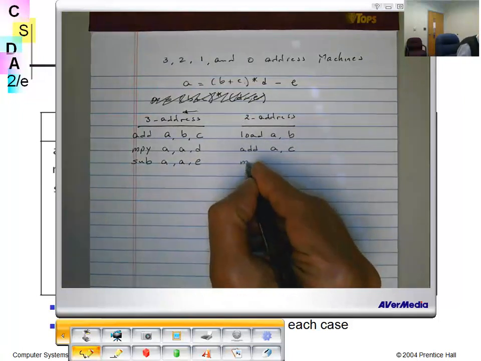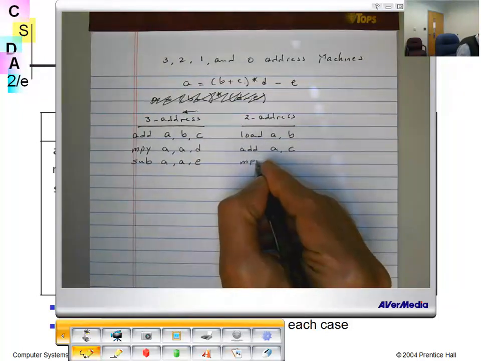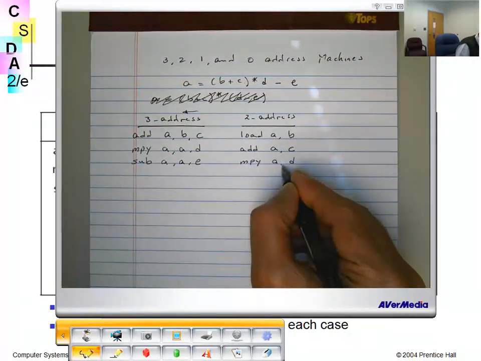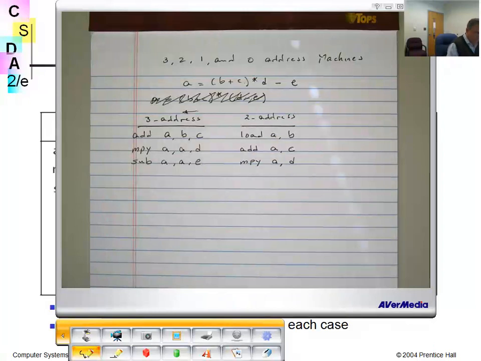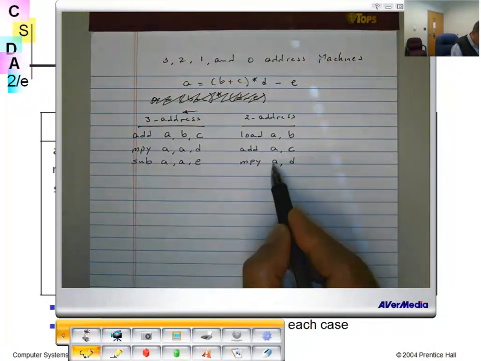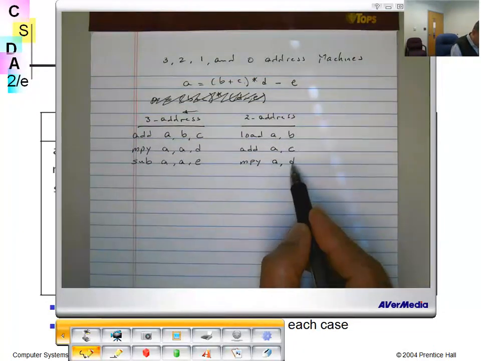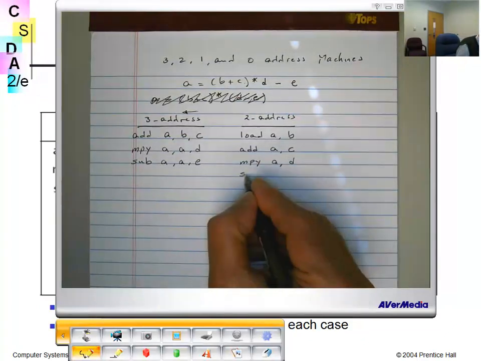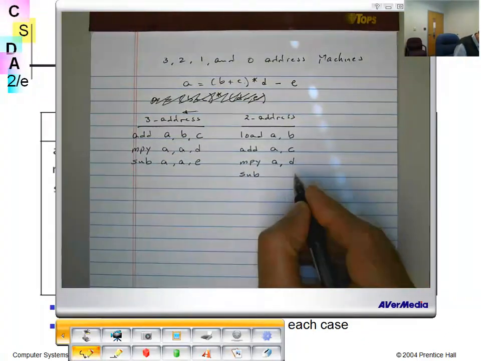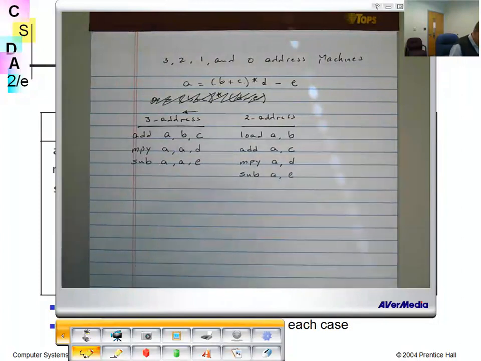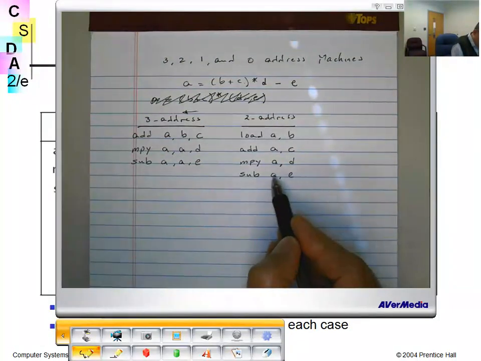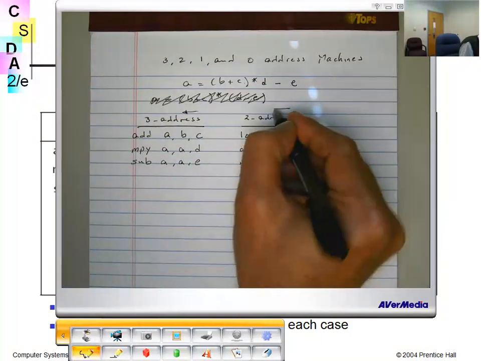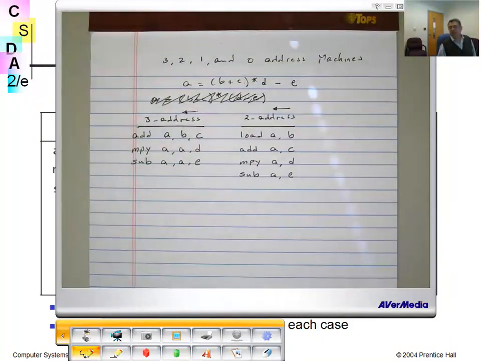Then multiply MPY A, D to A. So A already has B plus C. Now you multiply D to that one. You got that one. Then subtract A, E, meaning subtract E from A and store the results in A. Again, here the movement is from right to left.